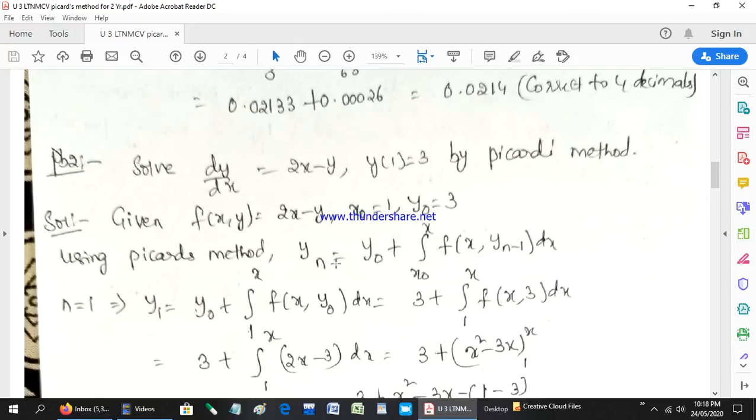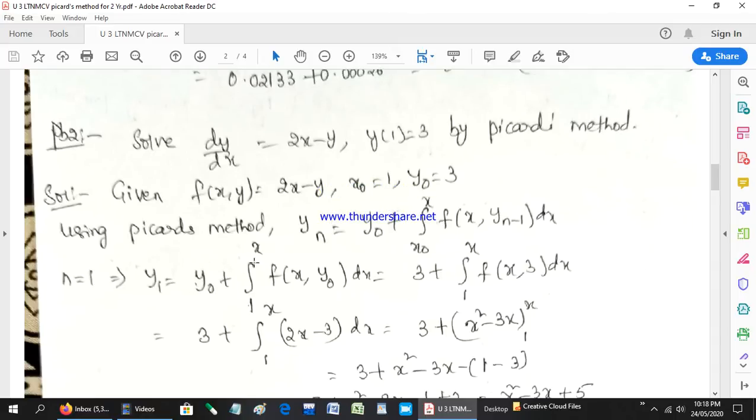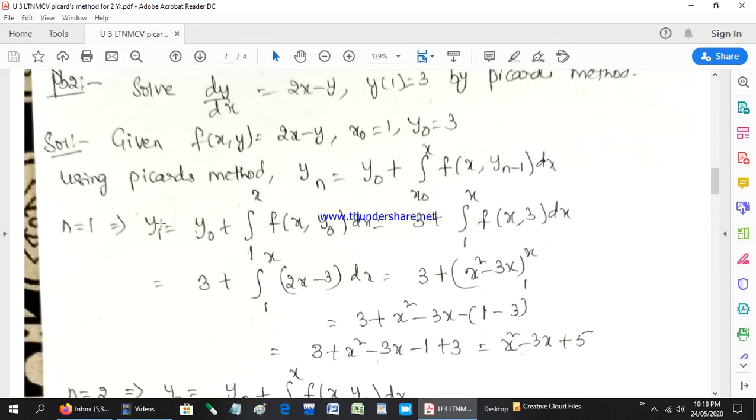So this is a general formula. Again we take y n is equal to y naught plus integral x naught to x f of x y n minus 1 dx. So put n is equal to 1 in this. So we have y1 is equal to y naught plus integral x naught to x, and in this case x naught is equal to 1. So we have integral 1 to x f of x y naught dx.